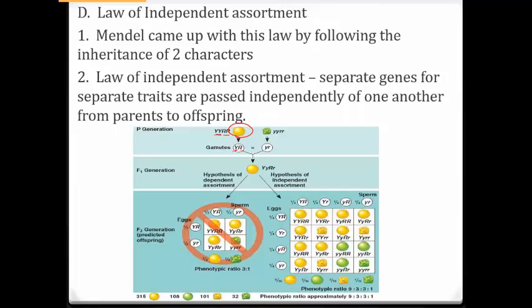If we look at the next generation then, the F1 generation, what would we get if those seeds were to cross-pollinate with each other? Well, you have two different possibilities here, and Mendel found out that this first one, the one with the big X through it, is not what mathematically he got. So originally it was thought that, for instance, a yellow seed will always be round, that those two characteristics were linked together.